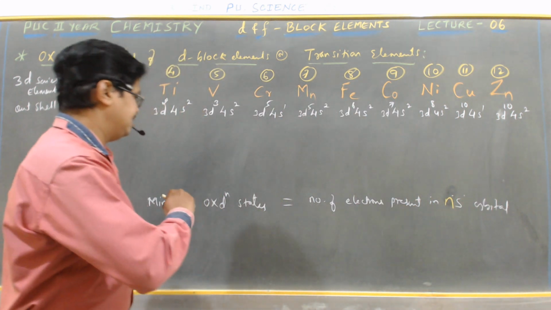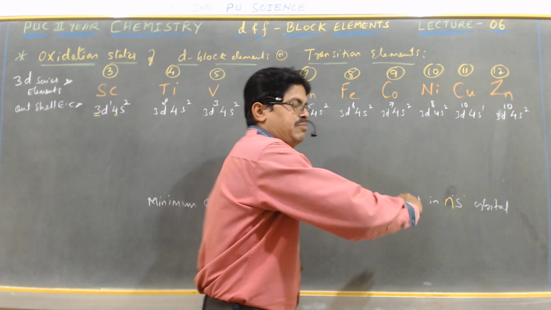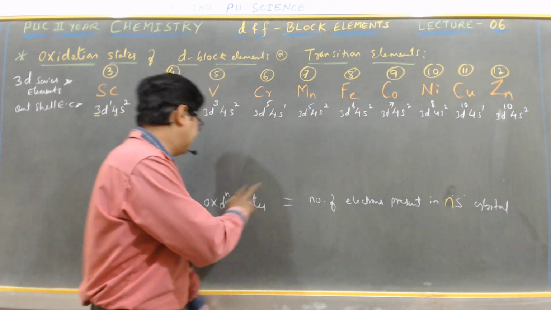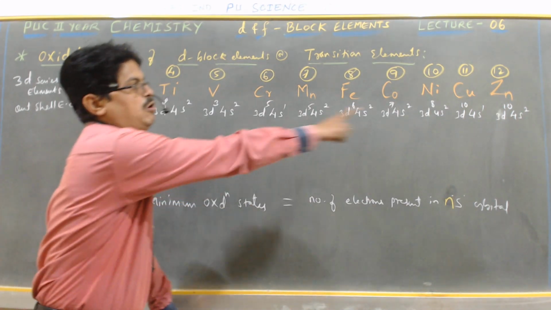The number of electrons present in the ns orbital are involved in bonding, hence that will be the minimum oxidation state of D block elements.